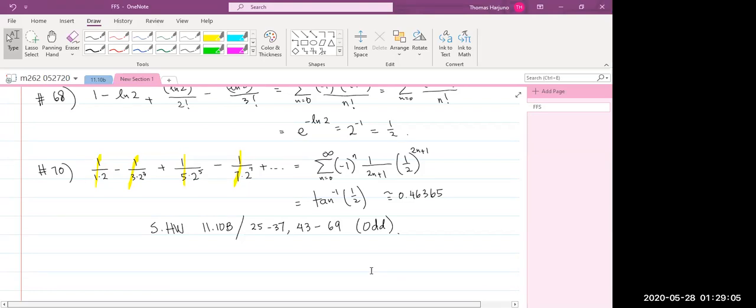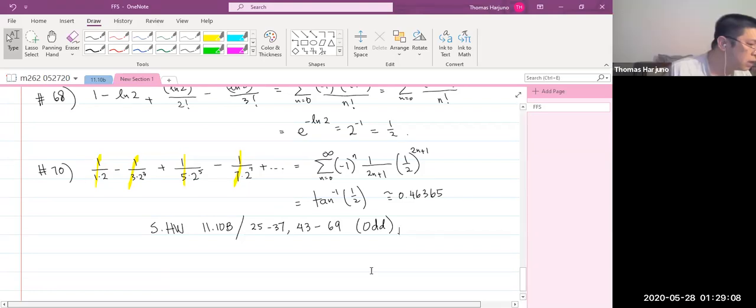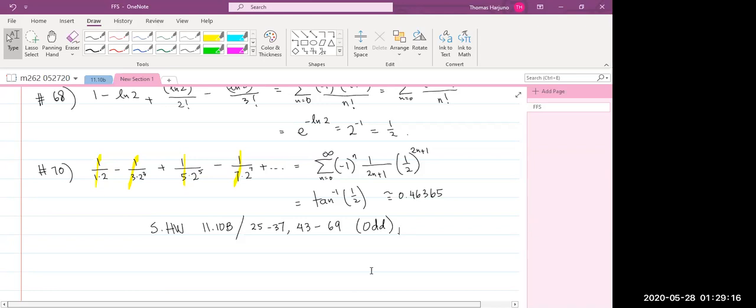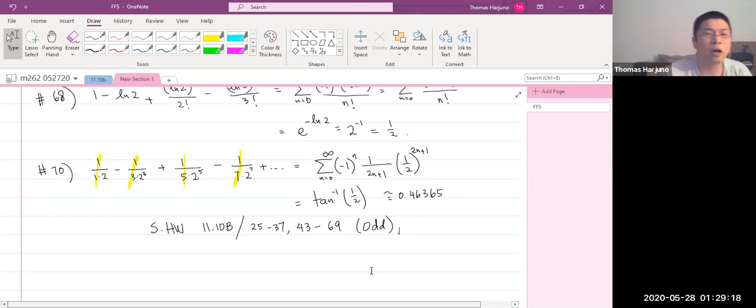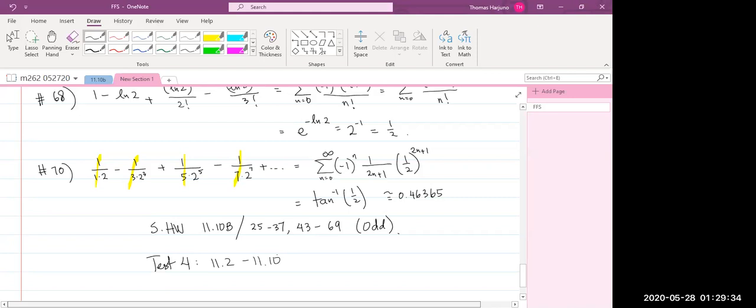Yes, test 4. What is the last one we had? I think we have up to 11.1, right? I think the cutoff for test 3 was 11.1. So test 4 will be from 11.2 up to 11.10. Thank you.